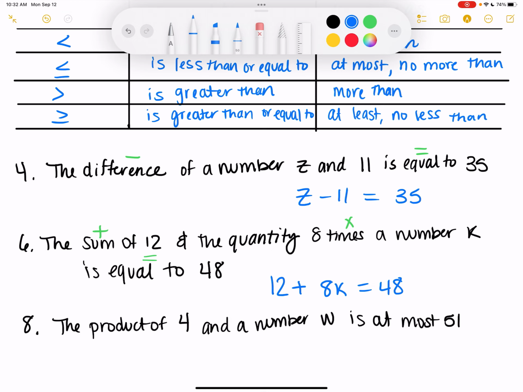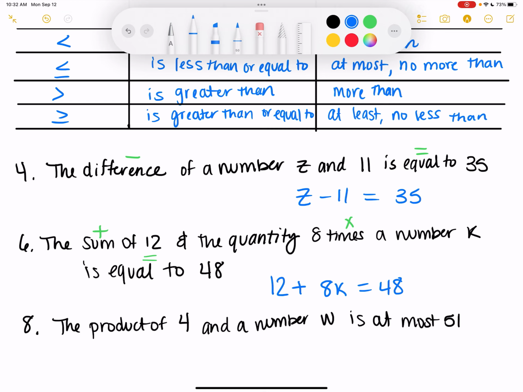So what do we see here with this one? Can you say that one more time? 4 divided by w minus 51. No, not quite. So what word are you looking at to get your operation?